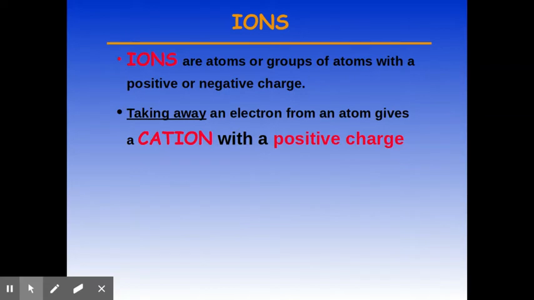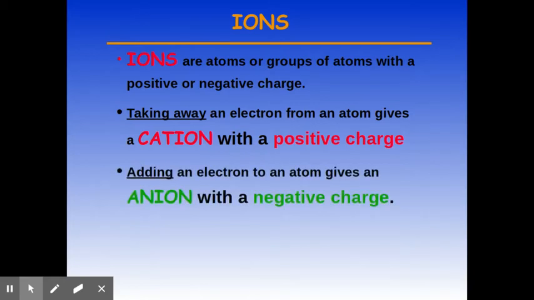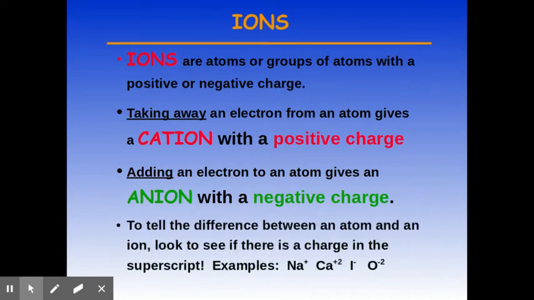Taking away an electron from an atom gives you a cation with a positive charge. So cations are positive. Adding an electron gives you an anion. Those are negative. So to tell the difference between an atom and an ion, you should see little charges written to them in superscripts.